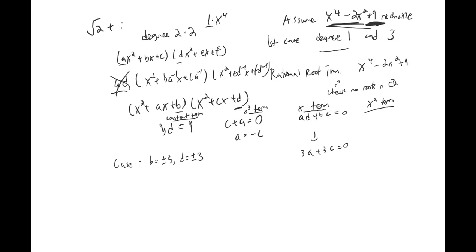So what's the x squared term? It's d plus b plus ac, right? No, it's negative 2, sorry.